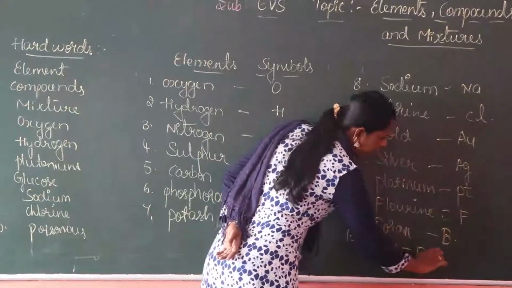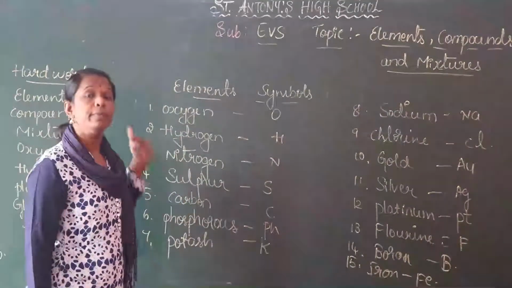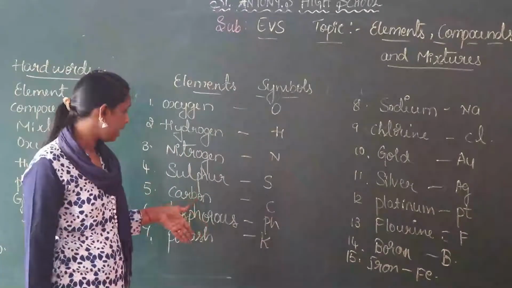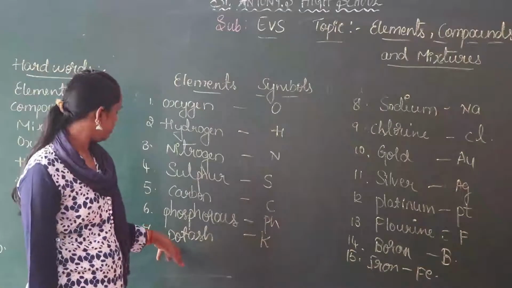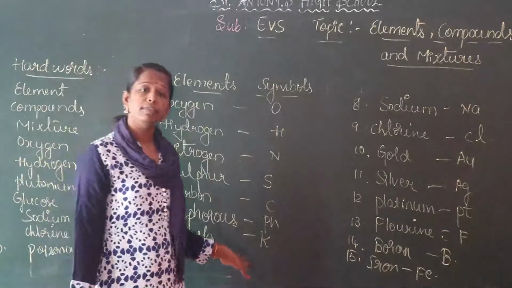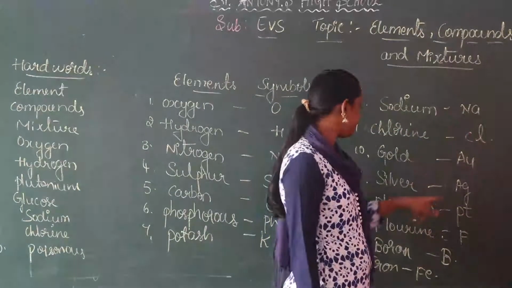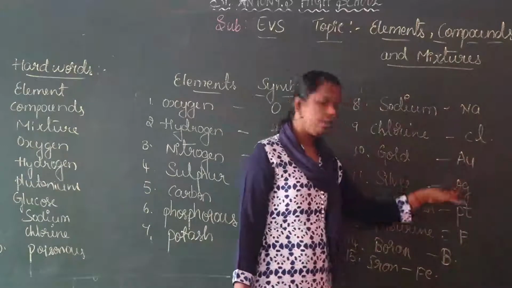So usually the symbol of an element starts from the first letter of the element name, but some symbols are different. For example, potassium's symbol is K, and sodium's symbol is Na. Also gold is Au and silver is Ag.